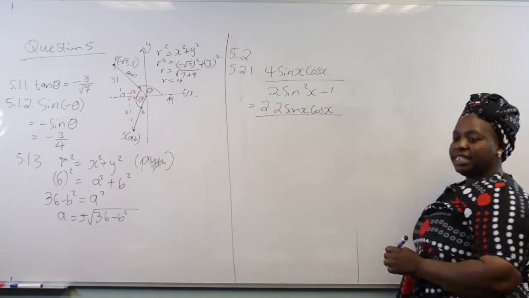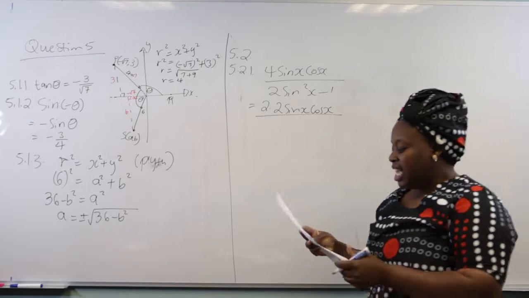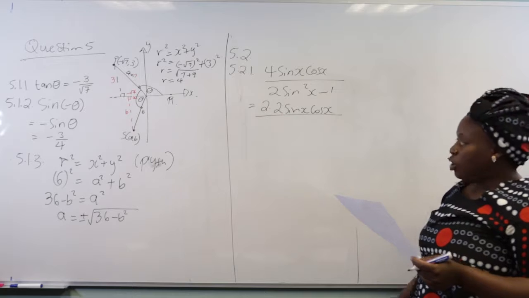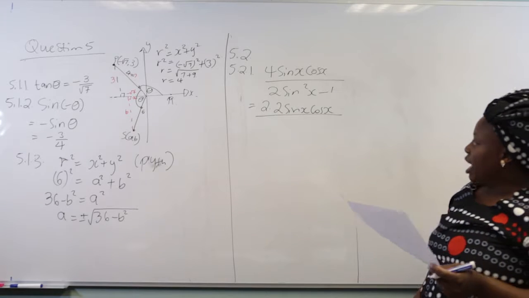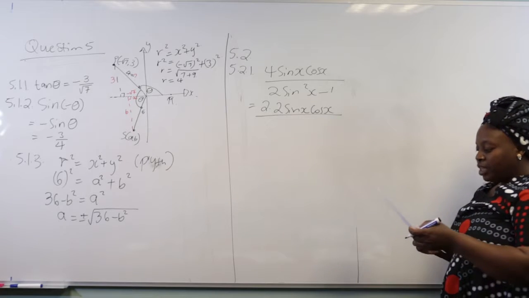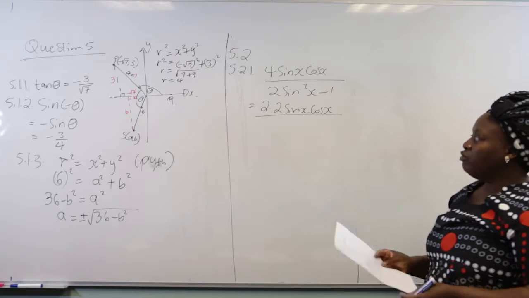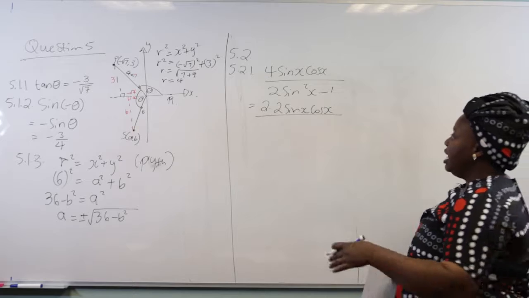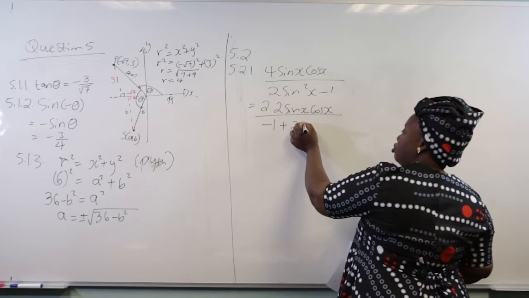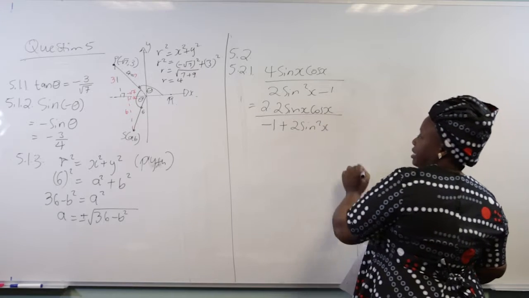Going to the formula sheet again, you can see that there is something that can look like this one. But if you look at it in that manner, it says 2 sine squared x minus 1. You have to rearrange it a little bit first. Let's see if we rearrange what we are going to have: a minus 1 plus 2 sine squared x.